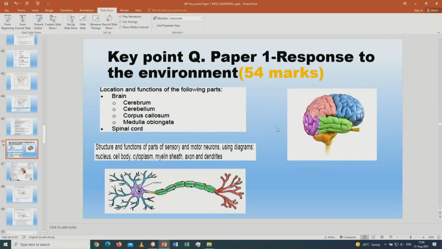You have to be able to identify those parts on the diagram, and then again be able to mention the functions of those parts. Cerebrum, corpus callosum, medulla oblongata, please, and then again the spinal cord. And then another thing which is very important, the neurons, motor neuron and sensory neurons. So please revise those structures.